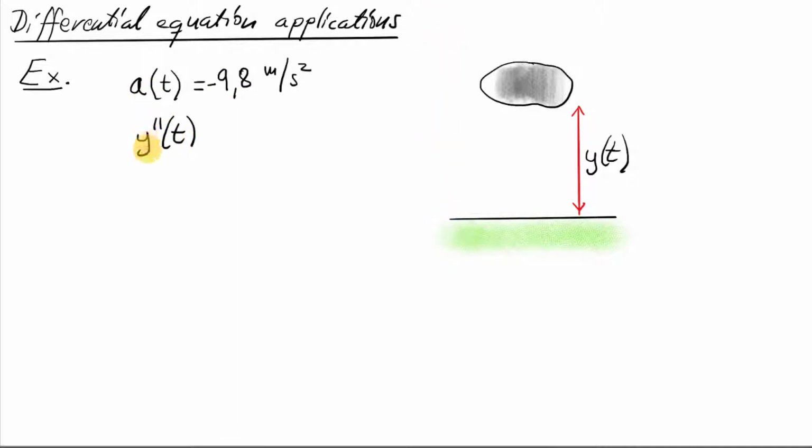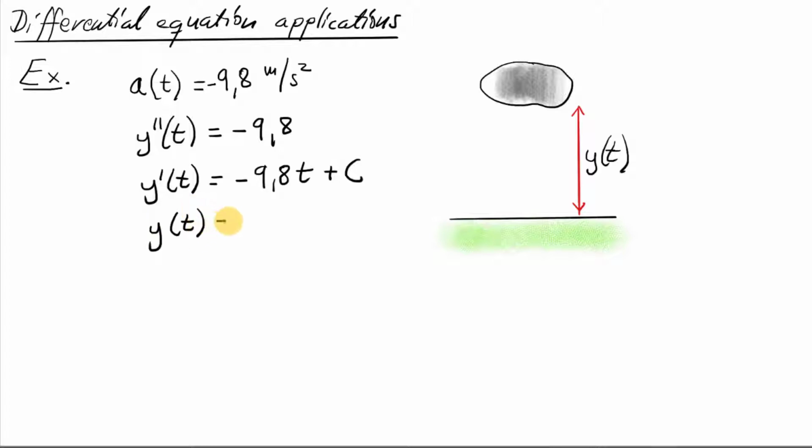Acceleration is the second derivative of height. So we have that the second derivative of y is equal to -9.8. If you take the antiderivative of this, we get the derivative of y, and here we get an integration constant. And if you take the antiderivative again, we get y.